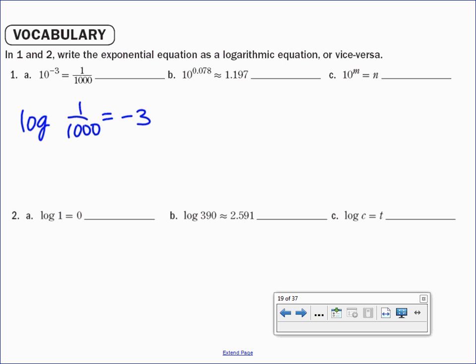Yeah. When you're done with the logarithmic statements, you can go ahead and write the power statements for the bottom three. And you guys are good at that. Base to the exponent equals input.